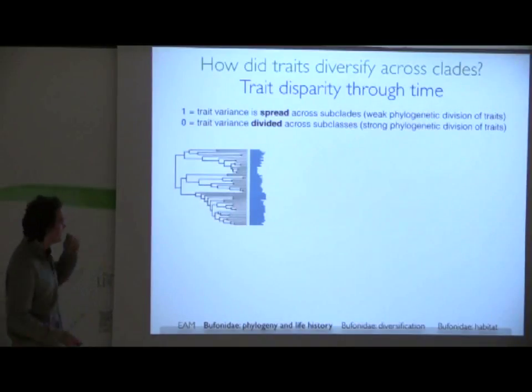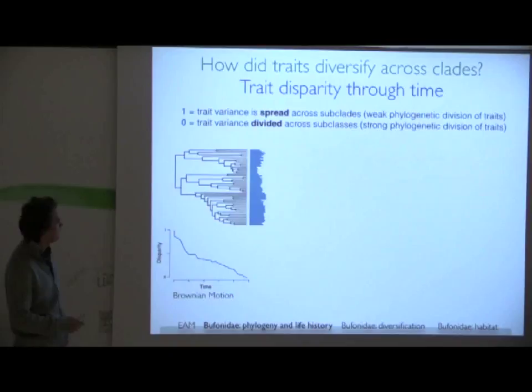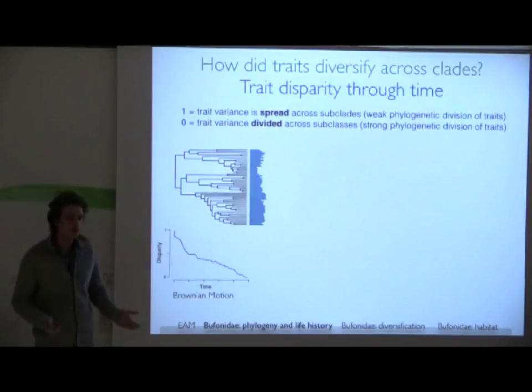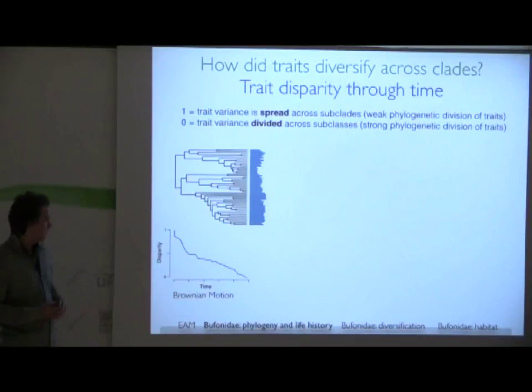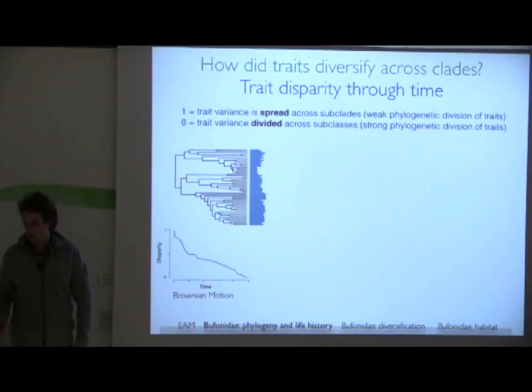So to give you an idea of what that looks like, if this was our phylogeny and these blue bars represented body sizes, if body sizes evolved randomly as a function of time, what's often referred to as the Brownian motion model, you would expect to see a constant drop-off in subclade disparity.